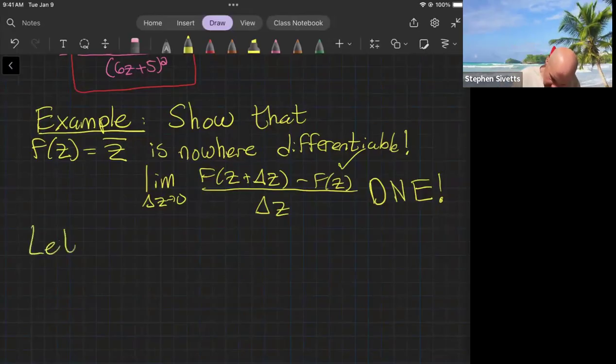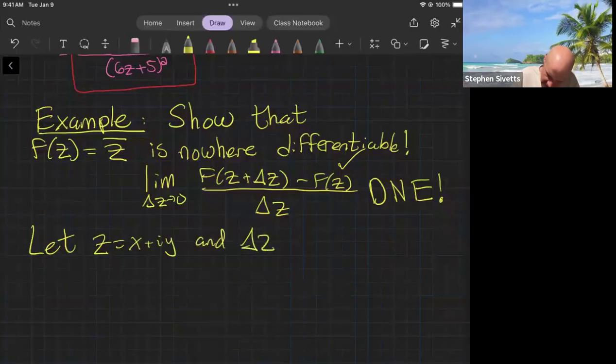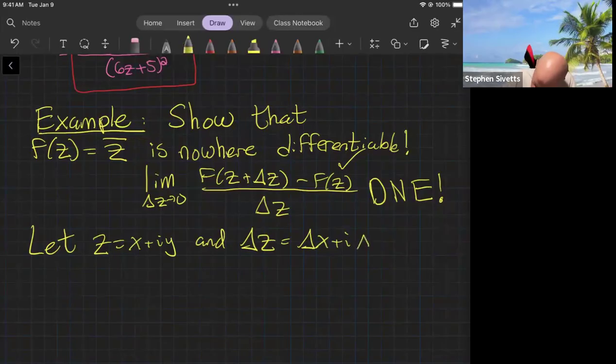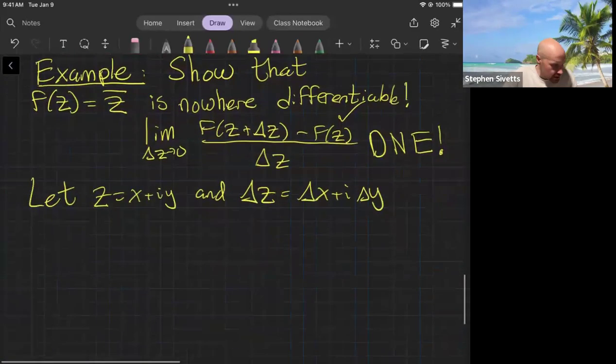So let z equal x plus iy, and let's say delta z equals delta x plus i times delta y. Okay, these are just two numbers.